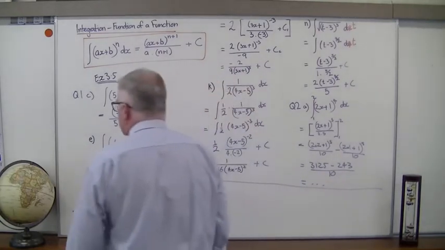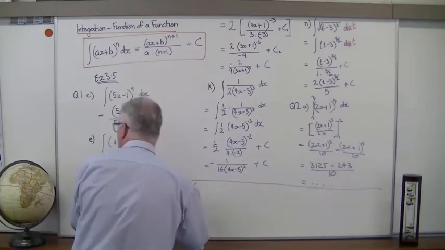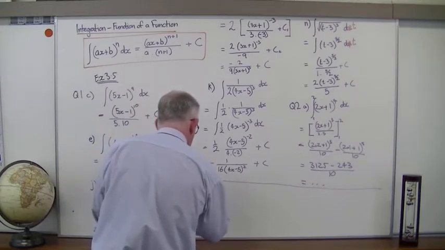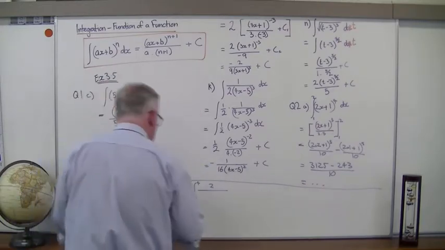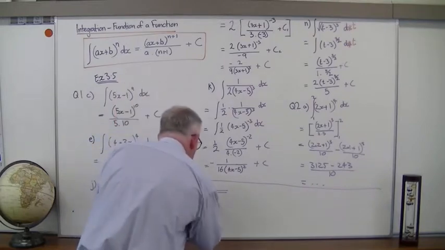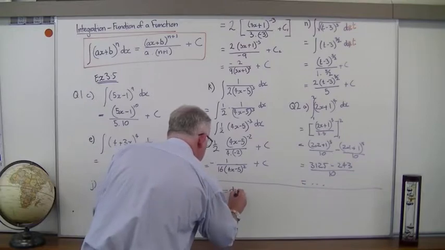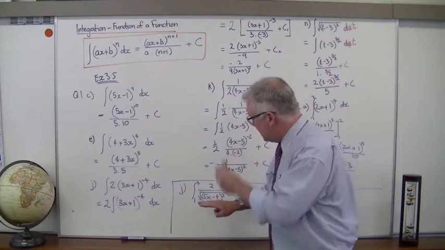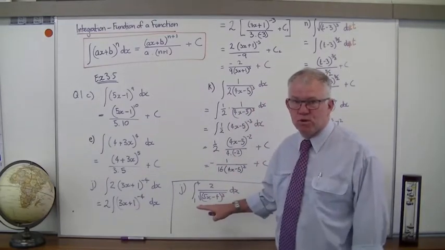All right, and what we have is the integral from 1 to 4 of 2 over the square root of 5x minus 4 to the power of 3 with respect to x. Key first thing is get all of this in index form first.